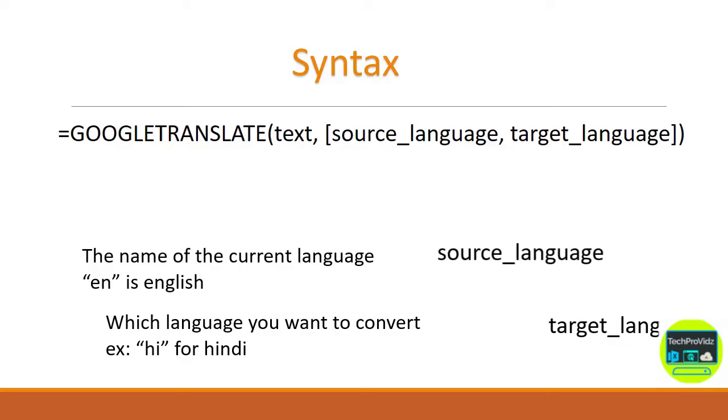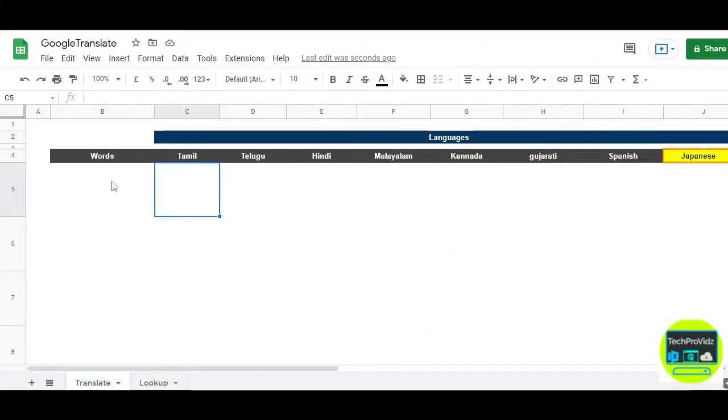Let's get into the formula in action. Okay, so this is our template, where I've formatted the words and the languages mentioned here, and I'm going to type "how are you". If I want to convert this into another language, say Tamil, the parameter name will be TA.